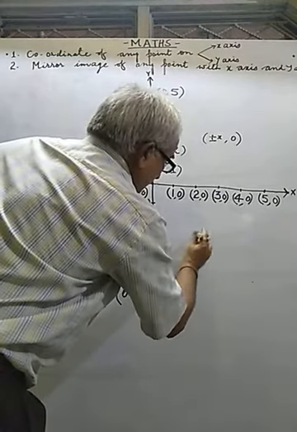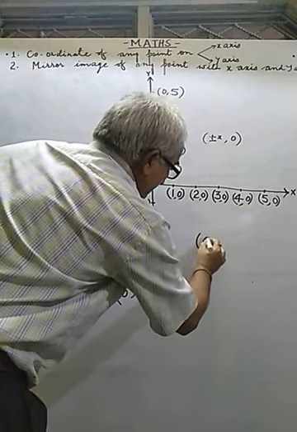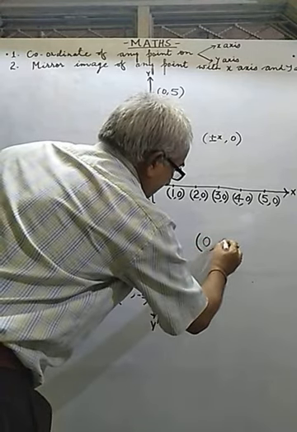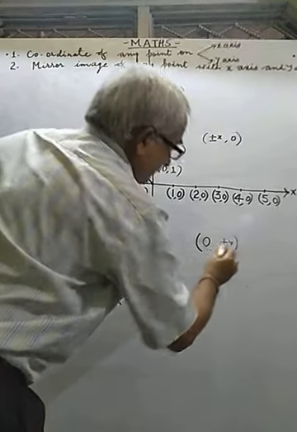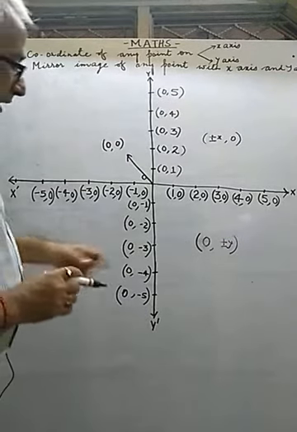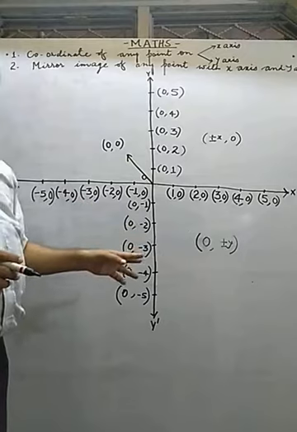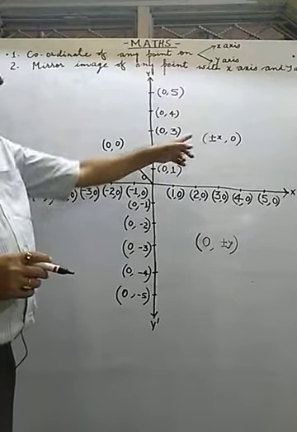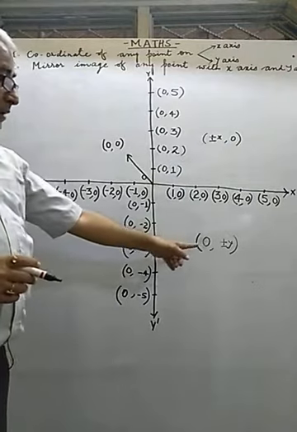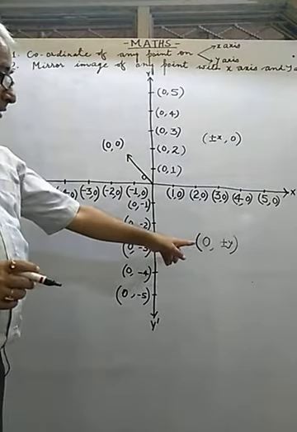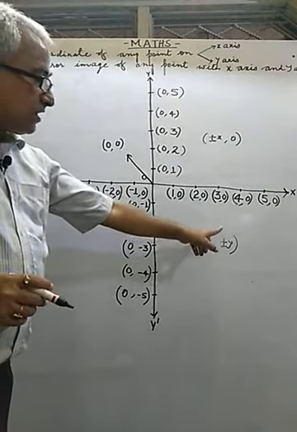Firstly, we wrote down abscissa is always 0, comma, and the second point will be either plus y or minus y. So any point we can take on the x-axis will be plus minus x, 0. Any point on the y-axis will be represented by 0 and plus minus y.